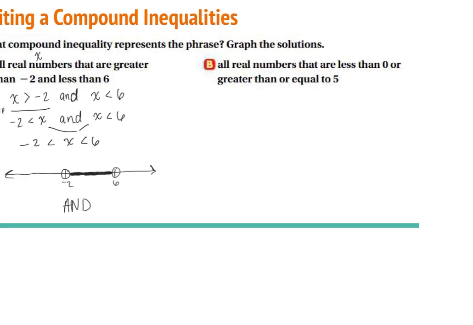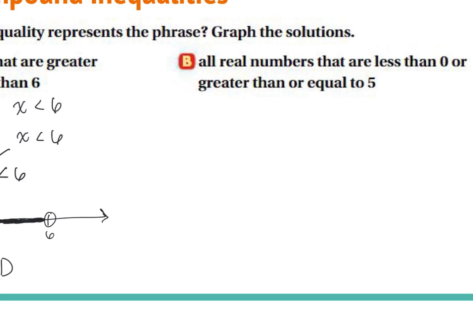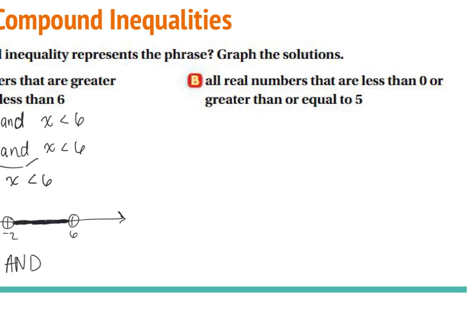Okay, B: all real numbers that are less than 0 or greater than or equal to 5. So x is less than 0, or x is greater than or equal to 5. In this case, we don't flip it. For or examples, we don't flip it, we just graph it.